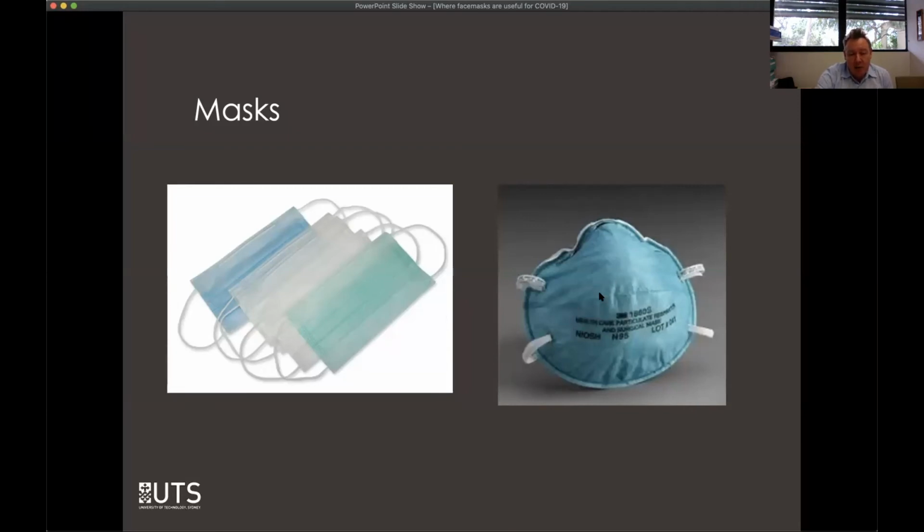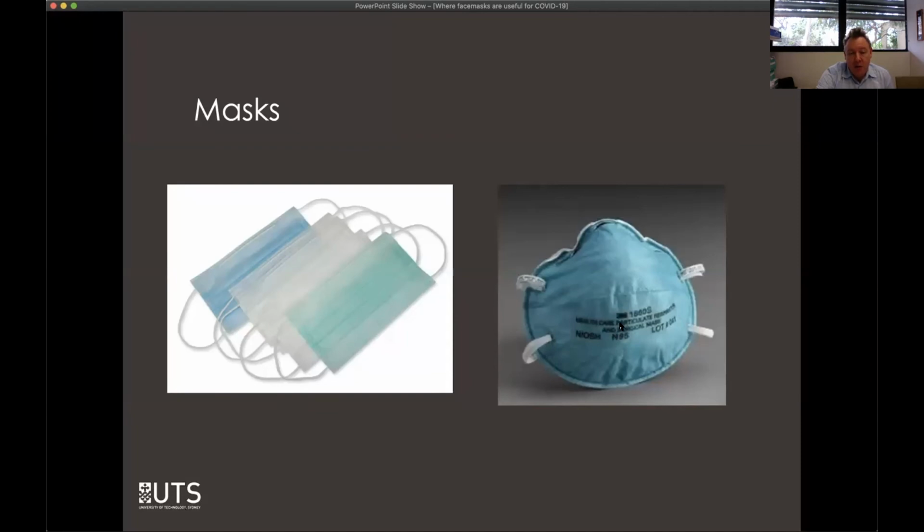But these are designed to act as a filter for both inhaled and exhaled air, whereas these ones predominantly work in the case of disease transmission by protecting. So if I was to wear one, you'd be protected from me. But if I wear one and you're positive and you're not wearing a mask, it doesn't actually afford any protection to me.